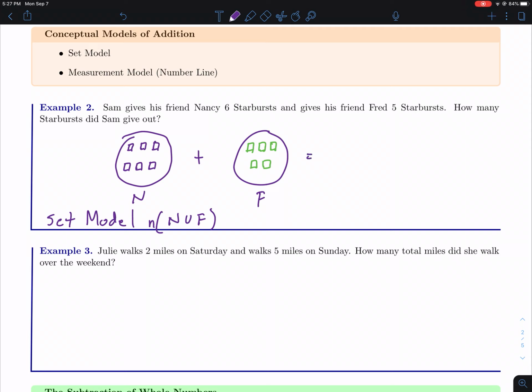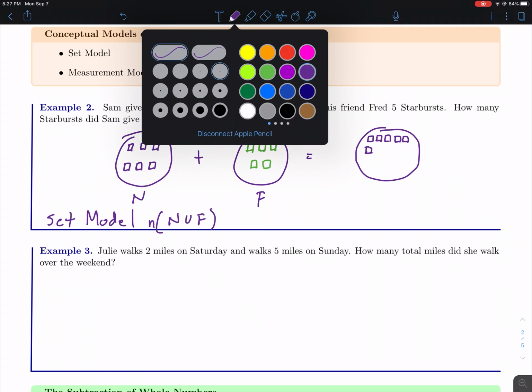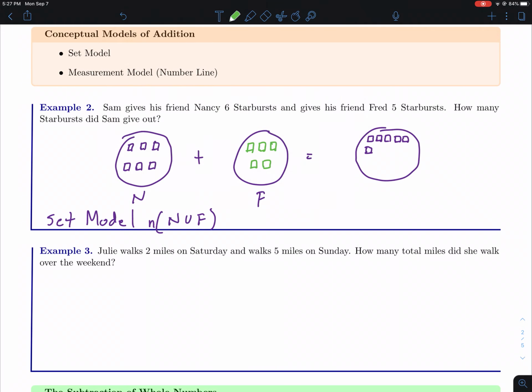So I'm going to draw one big circle that has all the starbursts that Sam had in it originally. There's Nancy's 6, and then to that I'm going to add Fred's 5, and lo and behold, now I just want to count them up.